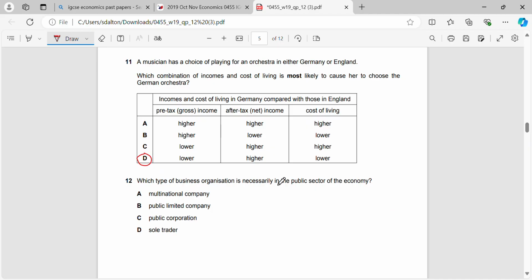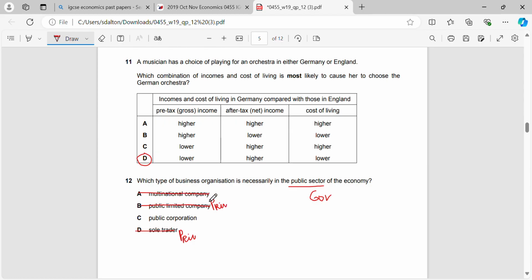What type of business corporation is necessarily in the public sector, so under government control? A sole trader is not. A sole trader is private, so the government has nothing to do with them. A public limited company, remember, is also private. They sell their shares on the stock exchange to raise capital.